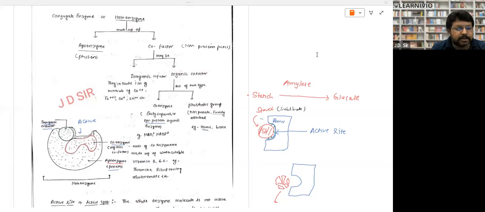The only thing missing, in some of the answers, not all, is that I want you to make them more content rich. Put more and more information there. Second, if possible, please draw a small diagram that will help you. That will fetch better marks, right?